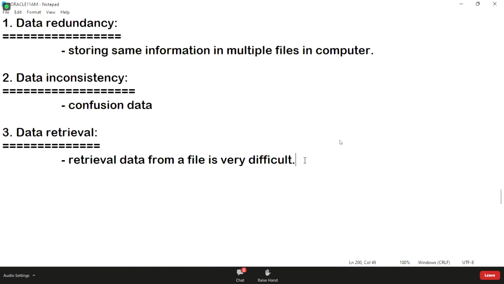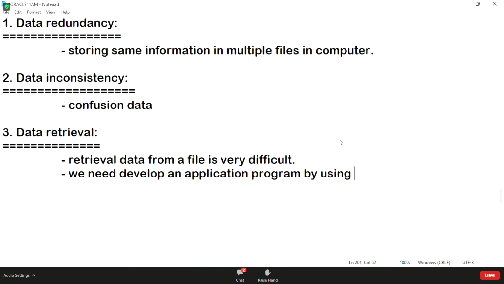So we need to develop an application program by using procedural languages like C and C++, and nowadays Java, .NET, Python, etc. These kinds of languages you can also use now.